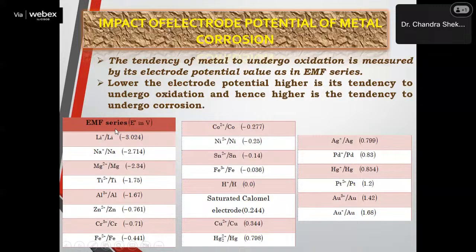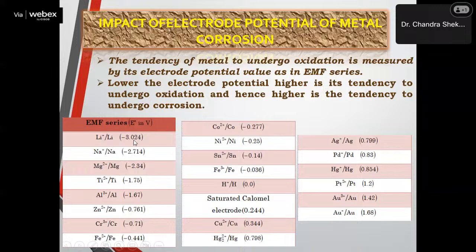Simply we call it as electrochemical series. In any electrochemistry textbook, you can see this electrochemical series, what we call as EMF series. Here you can find the potential value of each and every metal ion system.